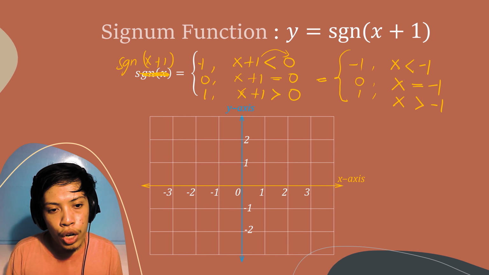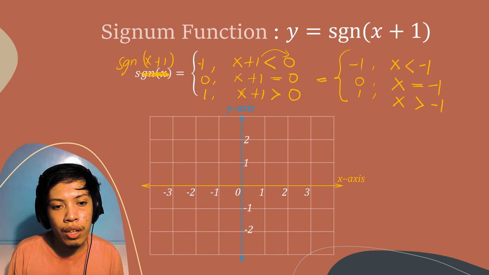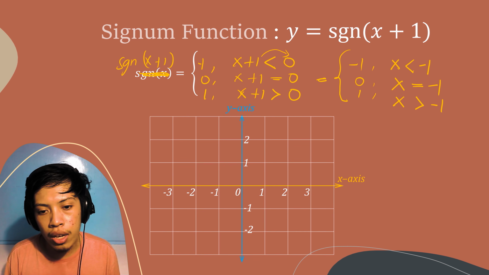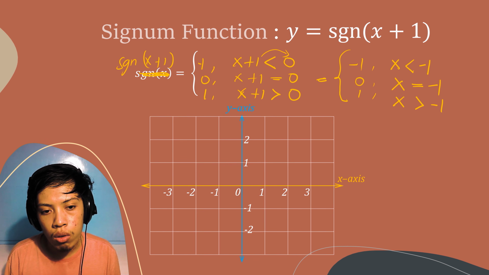So for x less than -1, the value for your function is -1. So here, take note, this is a hollow dot.